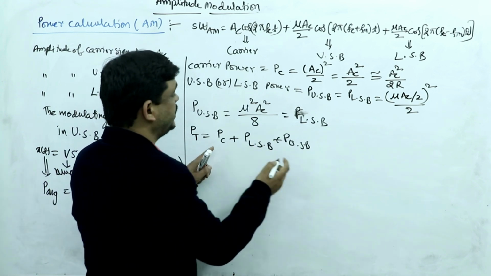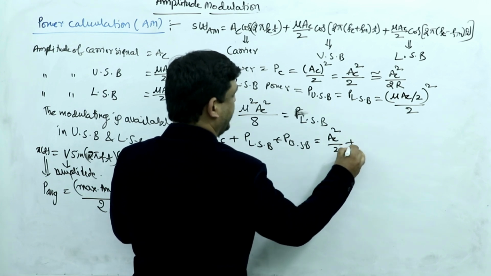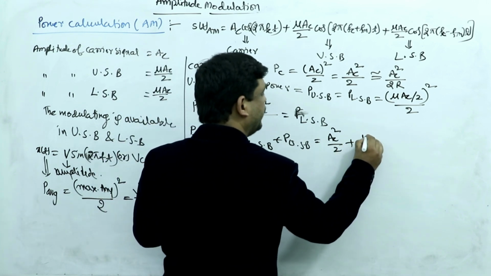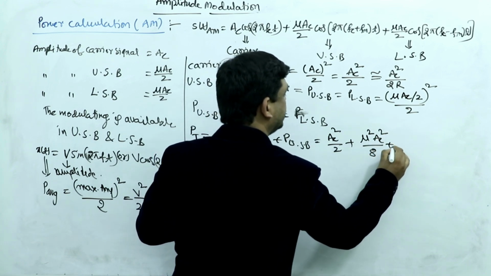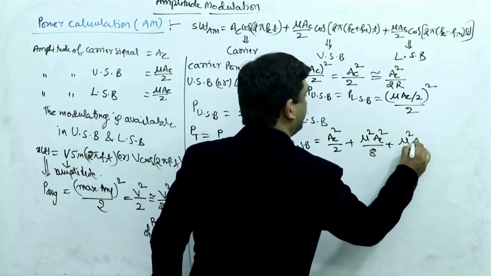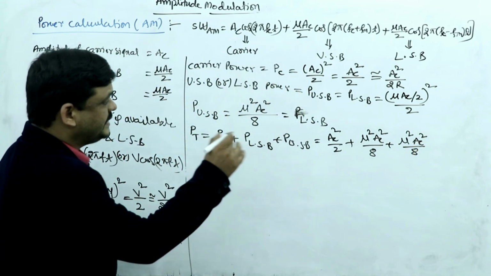Then substitute those equations here, which gives AC square by 2 plus lower sideband power mu square into AC square by 8 plus upper sideband power mu square into AC square by 8, right? Then simplify that.